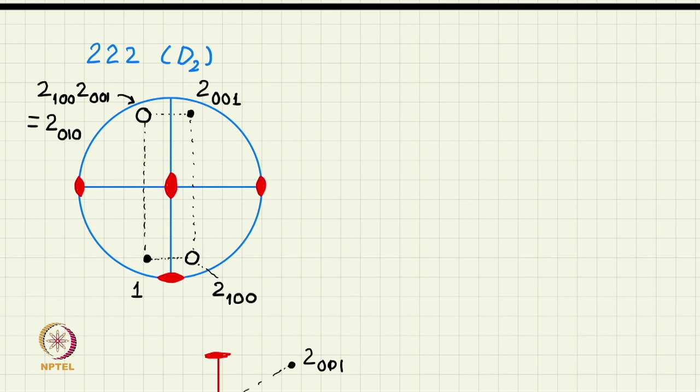So, you can see that there are 4 general positions. I can write my 222 group with 4 operations: the identity, twofold rotation about 100, twofold rotation about 010 and twofold rotation about 001.